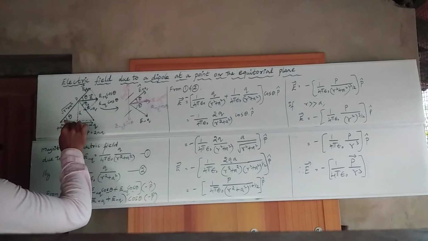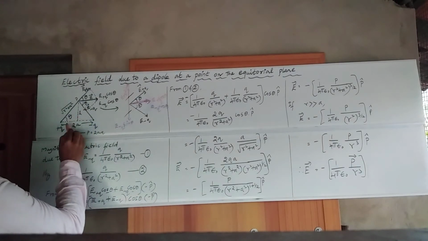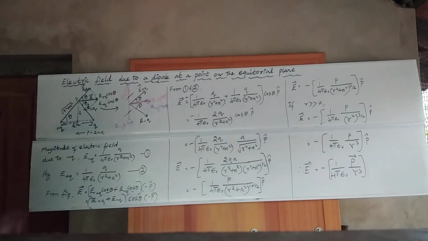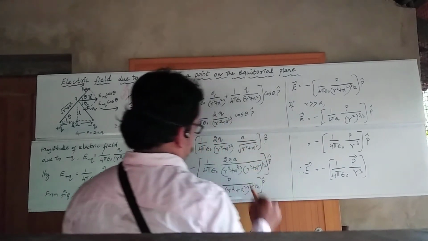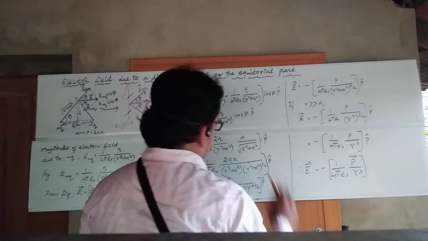Cos theta is adjacent side divided by hypotenuse, that is A by root of R square plus A square. From that I have got this cos theta, that one into P cap.